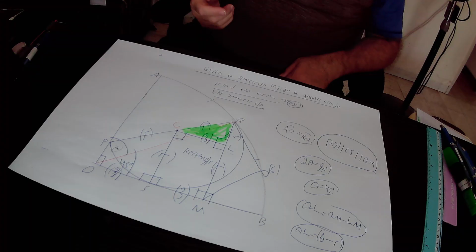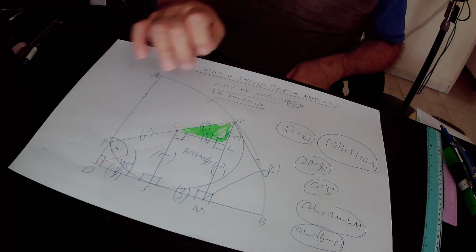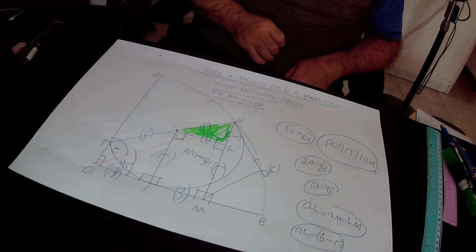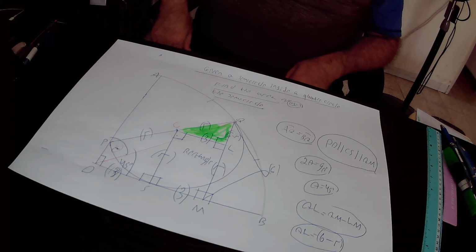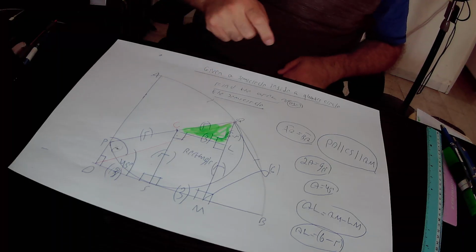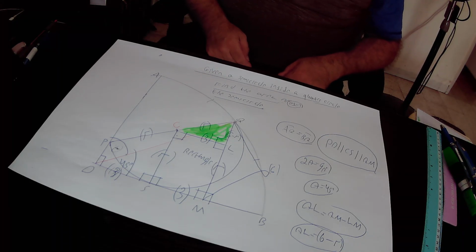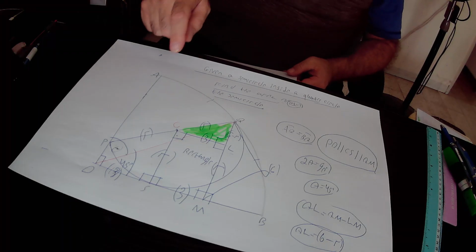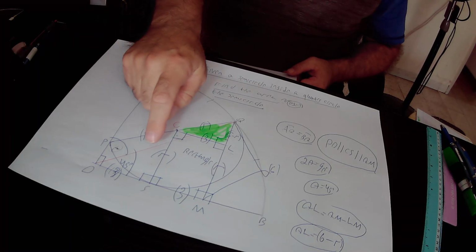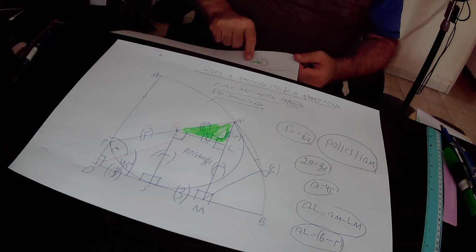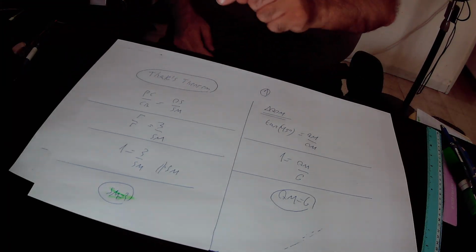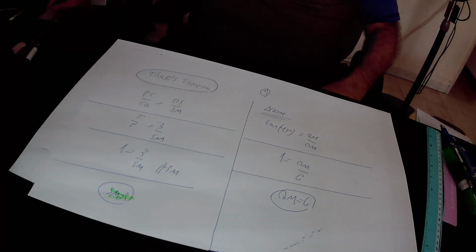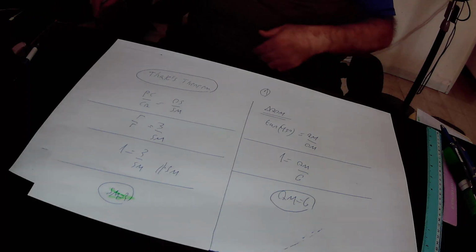The relationship between those two lines is as follows: PC over CQ equals OS over SM. So let me go quickly over Thales' theorem.